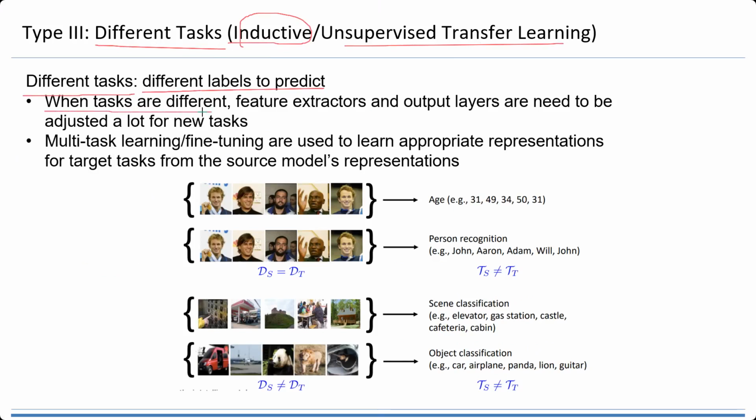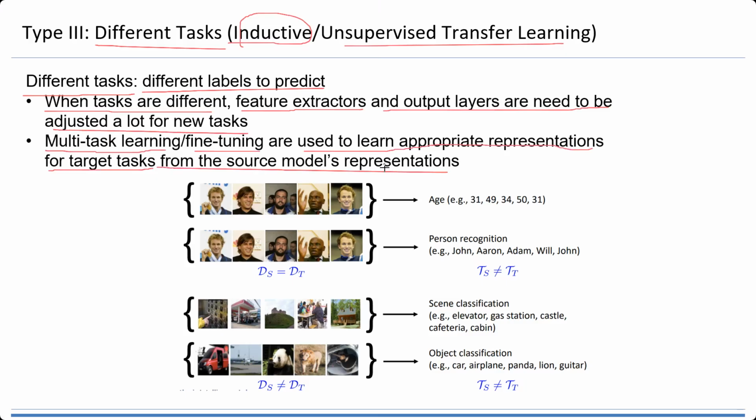When tasks are different, feature extractors and output layers need to be adjusted a lot for the new task. We can use multitask learning or fine-tuning. It is to learn the appropriate representation for the target task from the source model representation.